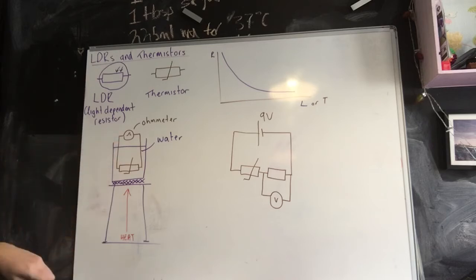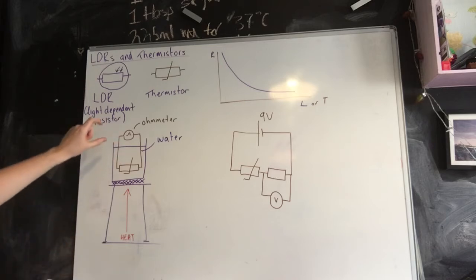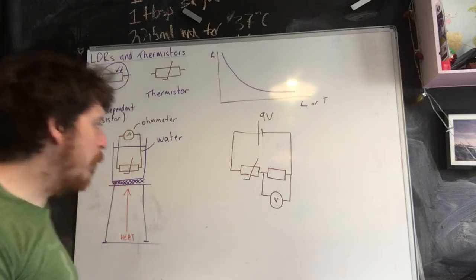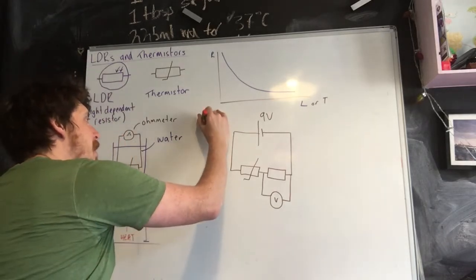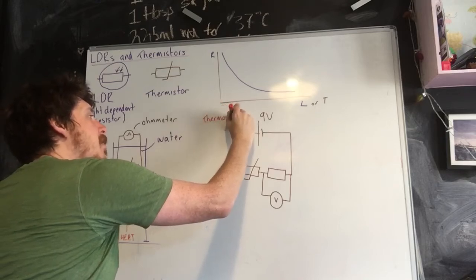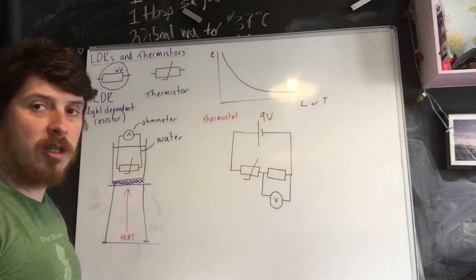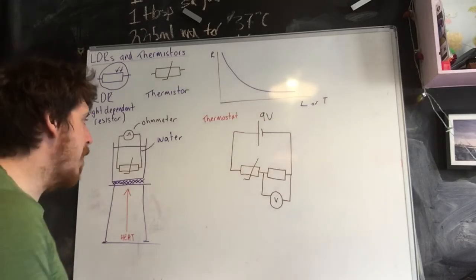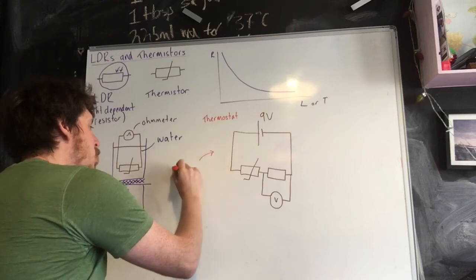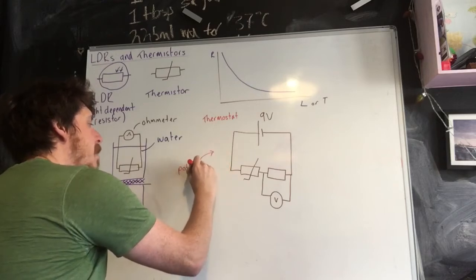What we would find is that resistance would decrease as the temperature goes up. Now, this is used in a thermostat, something that is temperature dependent that controls the central heating in a home. And the setup for this is a potential divider circuit.